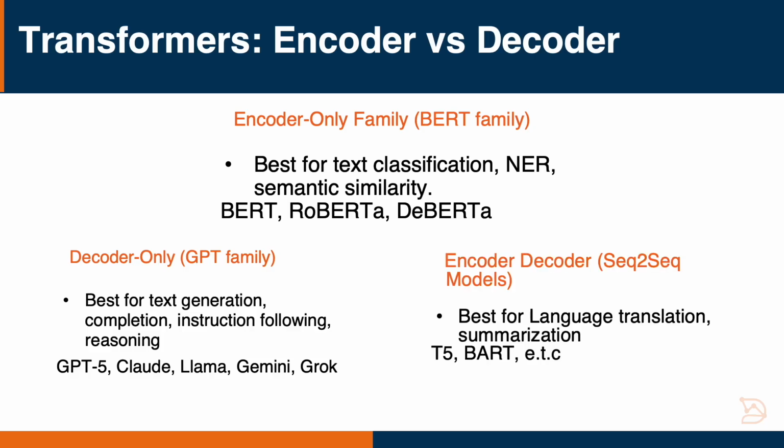Then when we bring both together, you have the sequence to sequence models, where you can have language translation. Of course, if you are translating from French to English, you need this encoder-decoder type of models.